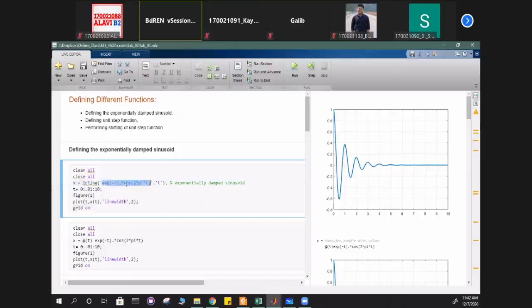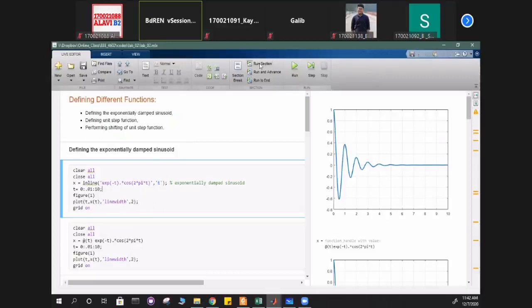Here the syntax is with inverted commas, there should be the function, and then after a comma, inverted commas, and here will be your variable. Whenever we call that function, we should supply that particular variable t. Here we plot t comma x(t), that means t is the x-axis and x(t) is the y-axis.